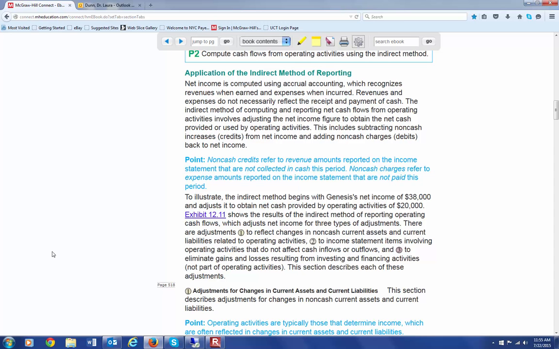So the indirect method involves adjusting the net income figure to come up with the net cash provided or used by operating activities. So you have to subtract any non-cash increases and add any non-cash decreases back to the net income.